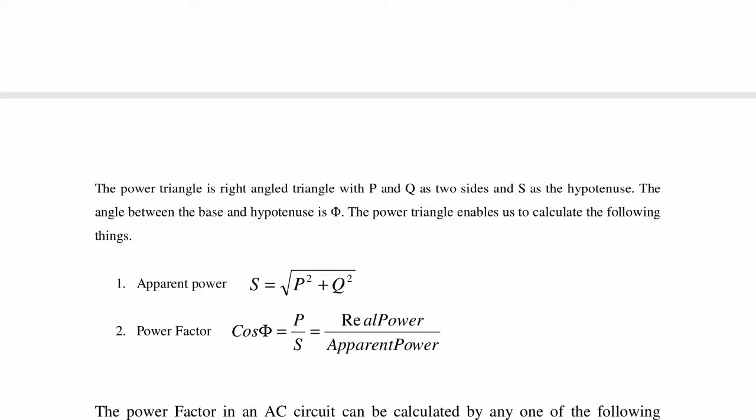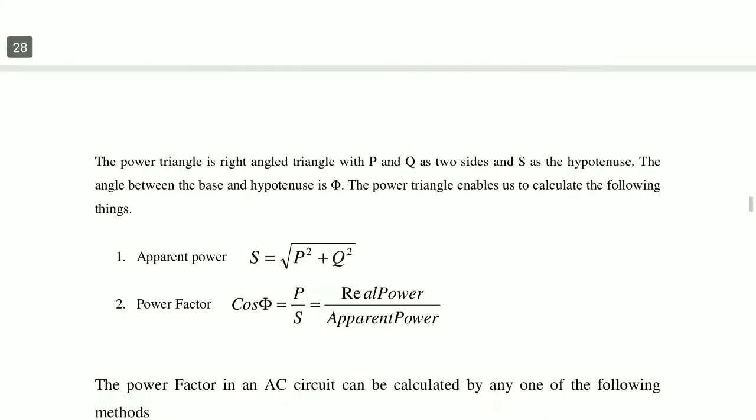Power factor is nothing but cos phi, that means P by S, real power divided by apparent power. We can also calculate cos phi in another way, that is VR by V, or R by Z, from the previous equations.